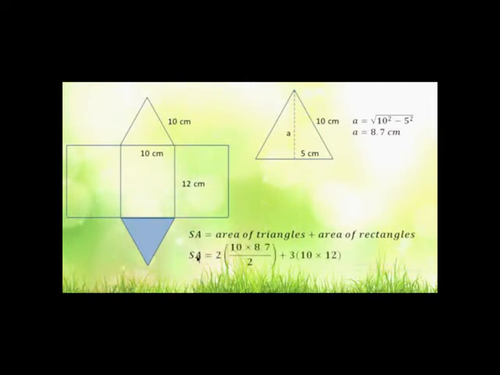So the surface area equals 2 times the area of the triangle, 10 times 8.7 over 2, base times the height over 2, plus 3 multiplied by the area of the rectangle, 10 times 12, from this side multiplied with this side. So, using your calculator, you'll find that the surface area equals 447 centimeters squared.